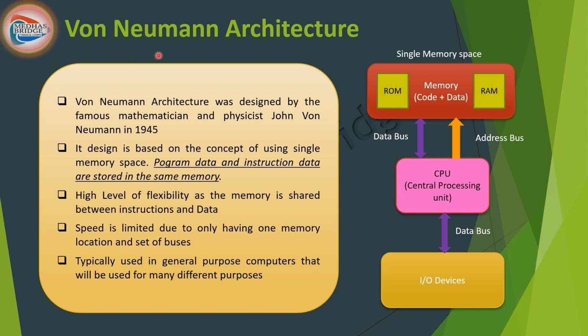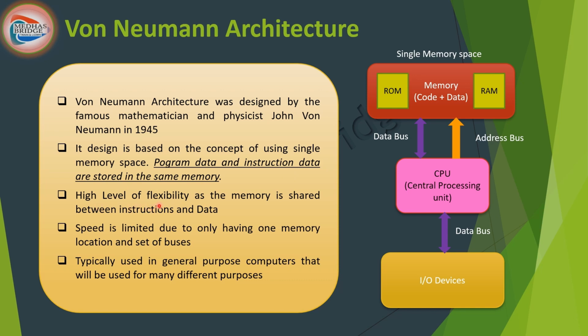The von Neumann architecture was designed by the famous mathematician and physicist John von Neumann in 1945. It is designed based on the concept of using a single memory space. Program data and instruction data are stored in the same memory.